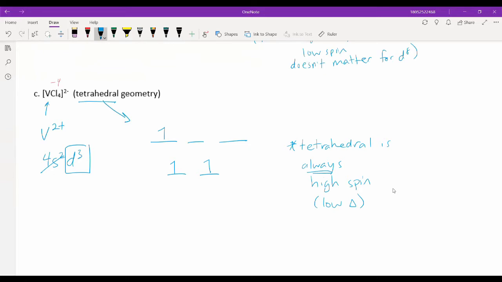So here we're always going to go unpaired in both levels before we go back down to the bottom, no matter what the ligand is. And so we end up with 3 unpaired electrons. Okay, so a few examples, and I think if you can do those, everything else is essentially the same thing.